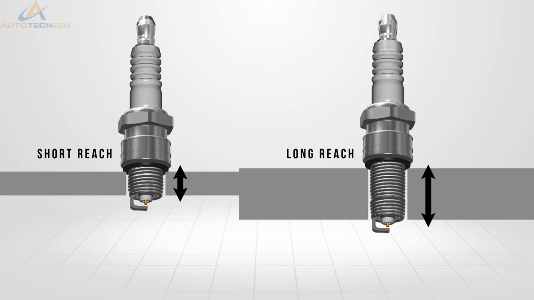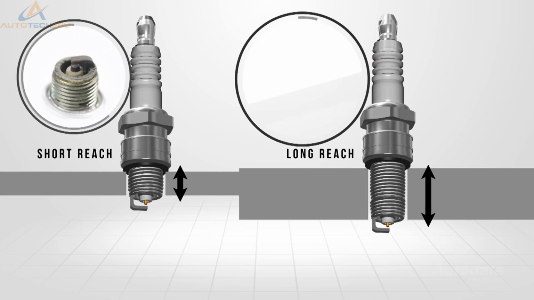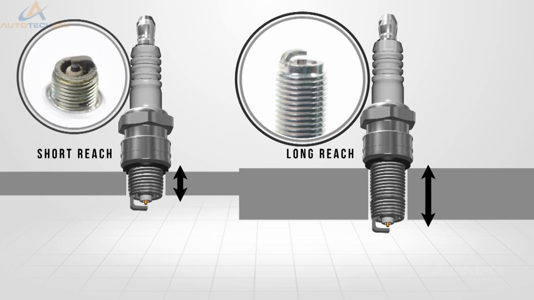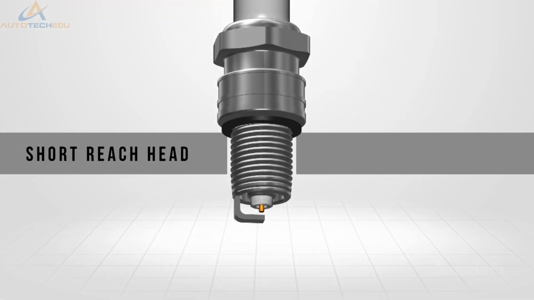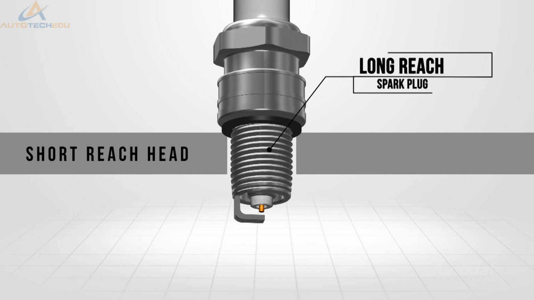Spark plugs are designed to fit into cylinder heads or combustion chambers of various sizes and designs. It's for this reason we find spark plugs with a different reach or shell thread length. A spark plug designed to go into a long reach head should never be used in a short reach situation.